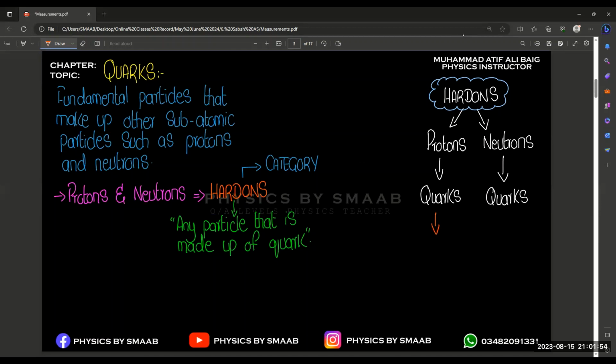Let's suppose it is made up of three quarks, because I mentioned that we are going to discuss a series of three quarks. So we take two quarks from the up category and one quark from the down, right? Now you can see the charges.